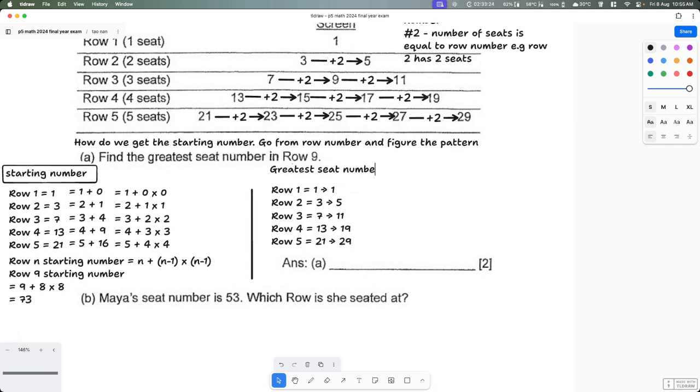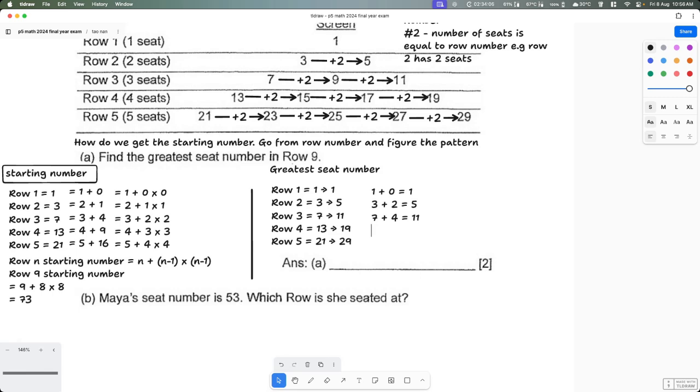it's basically what, right? So in this case, 1 plus 0 equal to 1, right? In this case, then 3 plus 2 is equal to 5, and then 7 plus 4 is equal to 11.